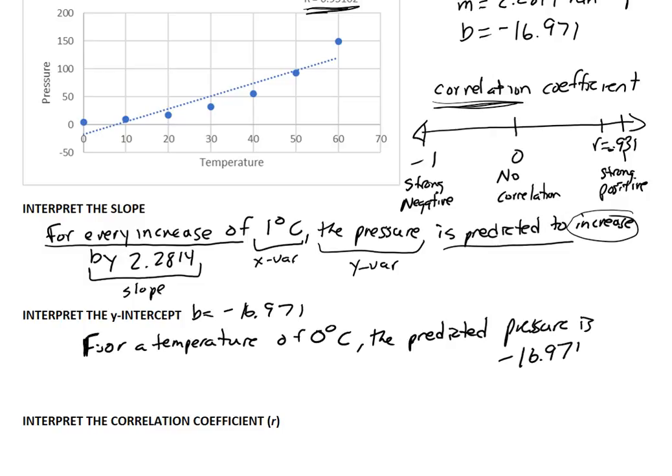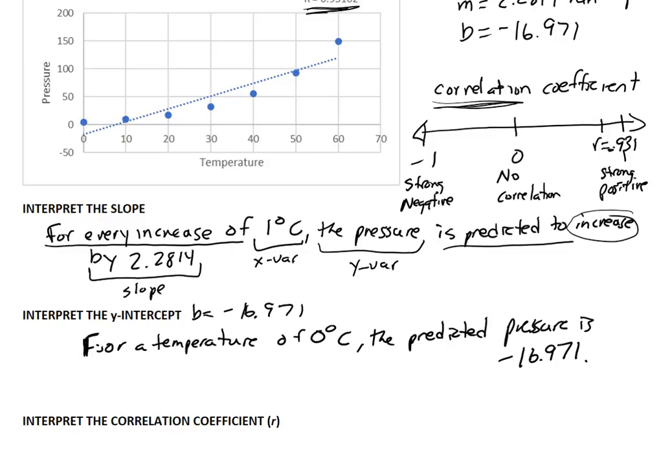Again, it's always for whatever the 0 is, the predicted pressure is the y-intercept. Done exactly the same way every single time. Now you'll notice in this case, interpreting the y-intercept doesn't make a whole lot of sense because they give us a value at 0. Sometimes that happens with the y-intercept. It just doesn't make sense for us to interpret it, but we can always interpret the slope.